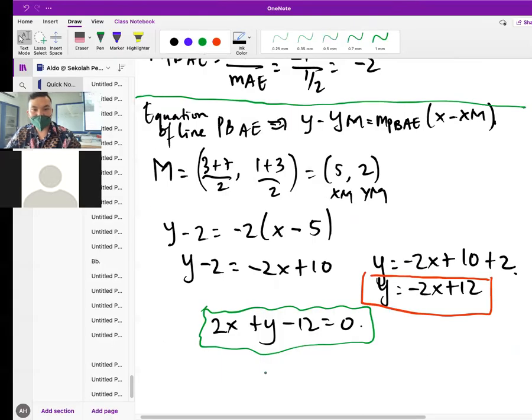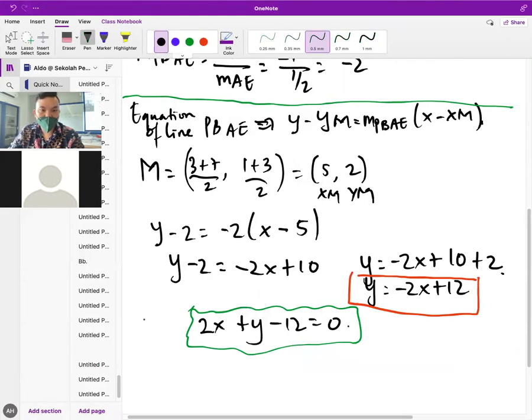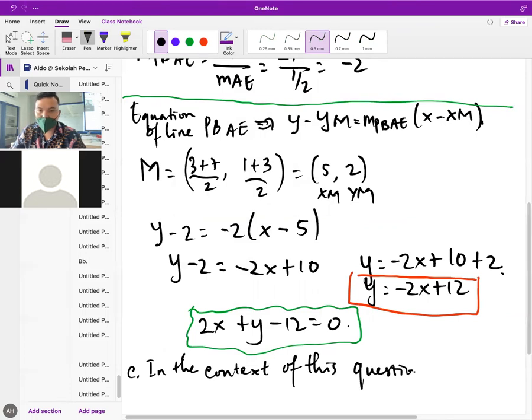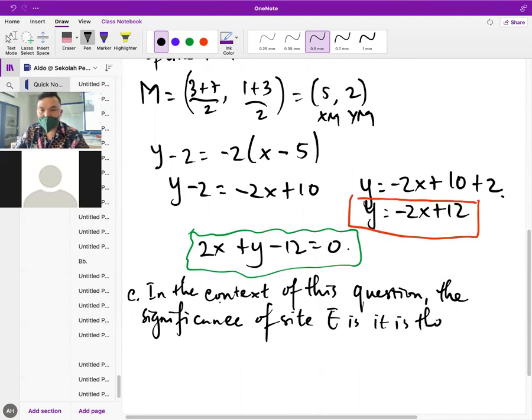Okay, it means that in the context of the question, the significance of site E is that it is the closest to the other regions.